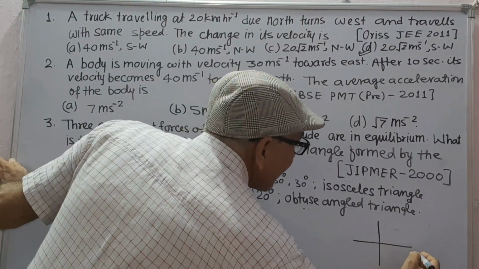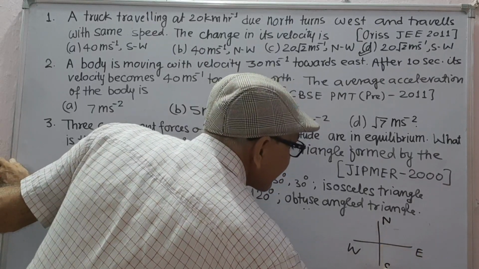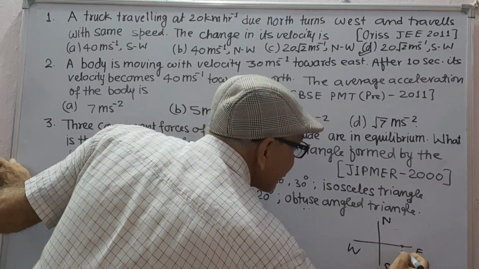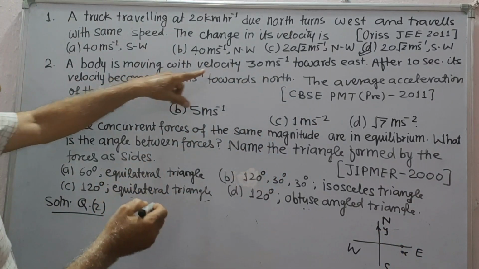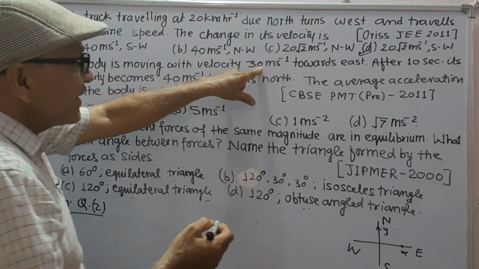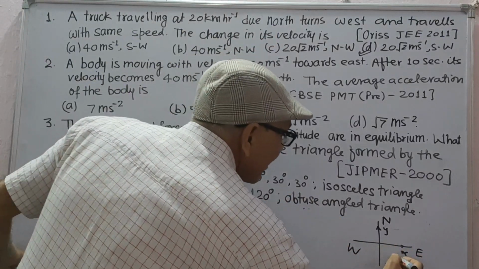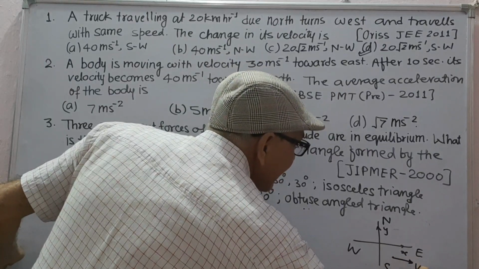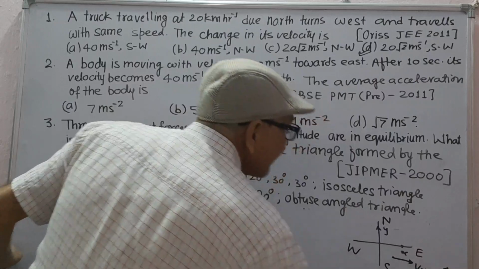Here east, west, north, south. Suppose this is x axis, this is y axis. The body is moving with velocity 30 meter per second towards east. Towards east means v1 is 30 i unit vector.